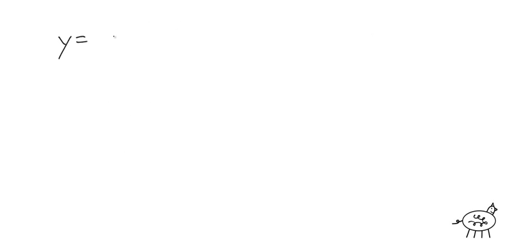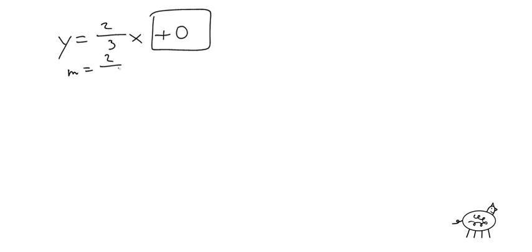How about y is equal to 2/3 x? And you're like, oh man, there's no number here. Well, what does that really mean, math fans? Doesn't it mean just plus 0? So don't panic if there's no number after that. As long as you have a y and an x, you know your slope is 2/3.